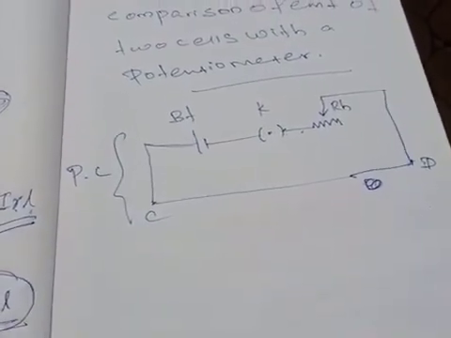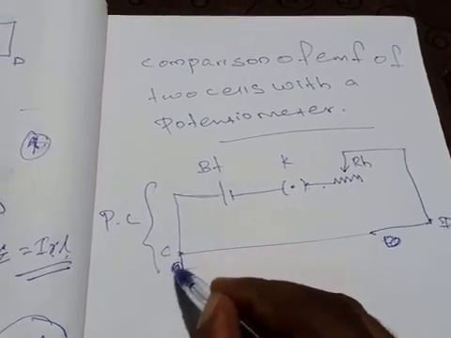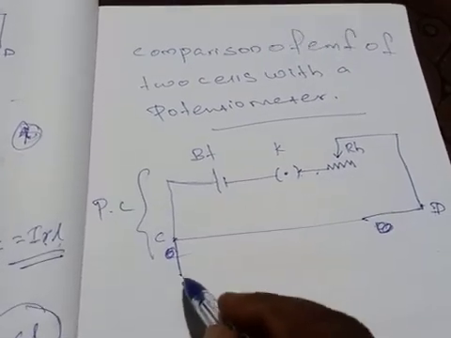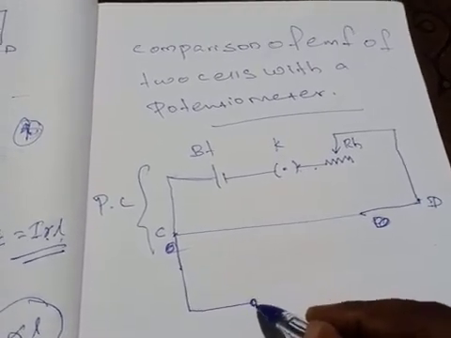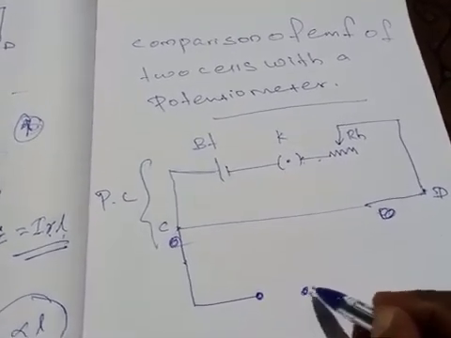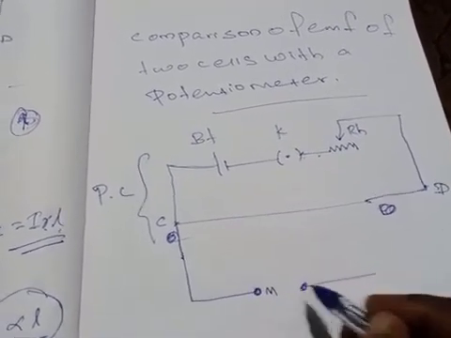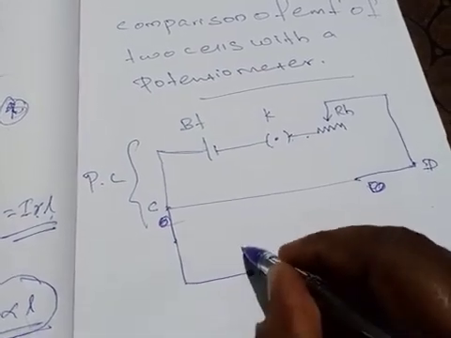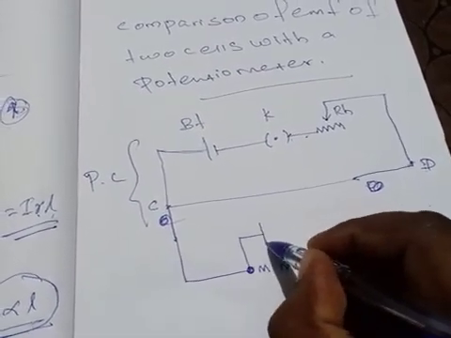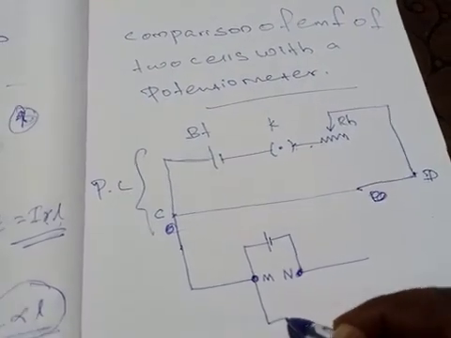Now you can see the end C of this wire, what is connected here, it is connected like this. This is M, this is N, and here one cell, here another cell.